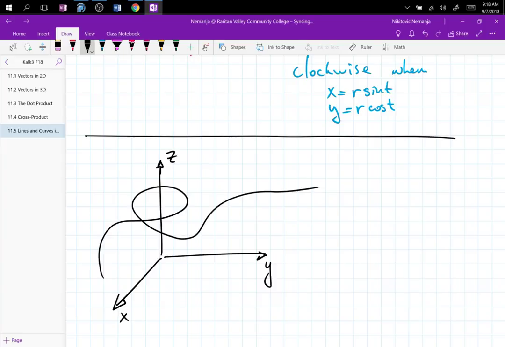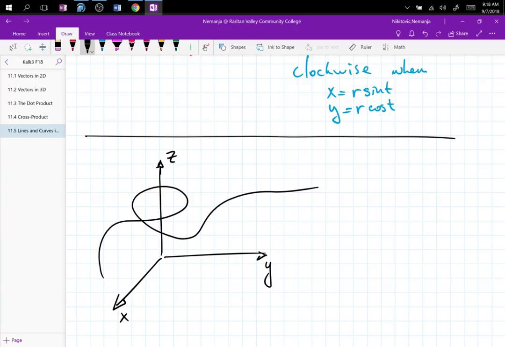It doesn't matter what kind of squiggle you pose. What I'm going to do now is define a vector r which is going to trace this line.